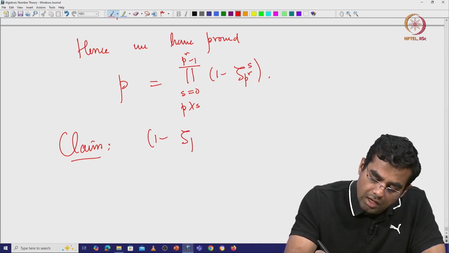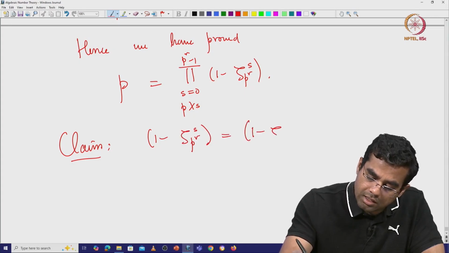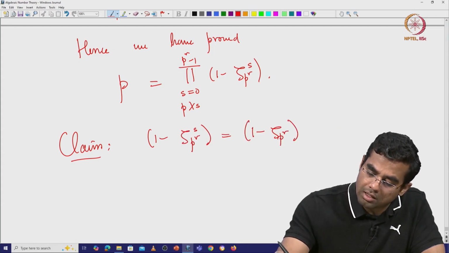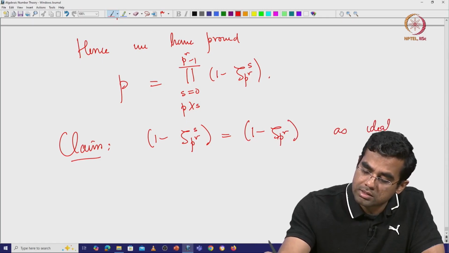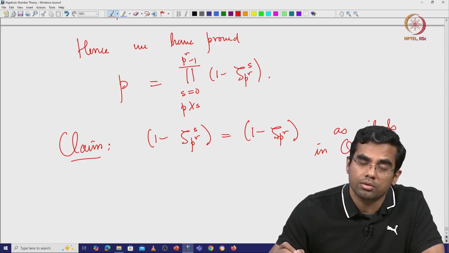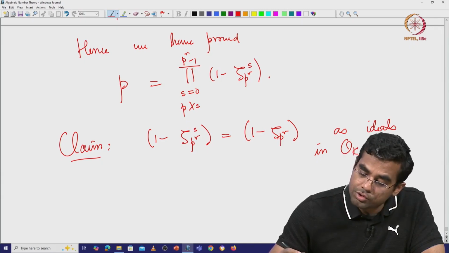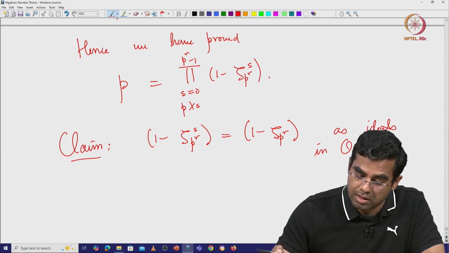One minus zeta p to the r to the s is equal to the ideal generated by 1 minus zeta p to the r as ideals in O_K(p^r). I do not know what O_K(p^r) is yet, but I want to show that these two ideals are the same.